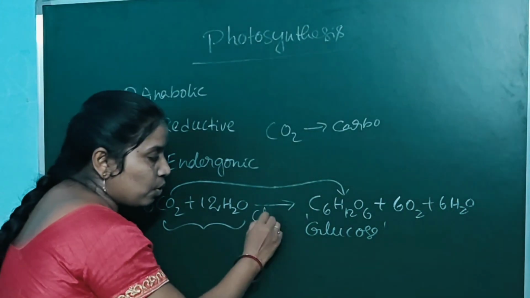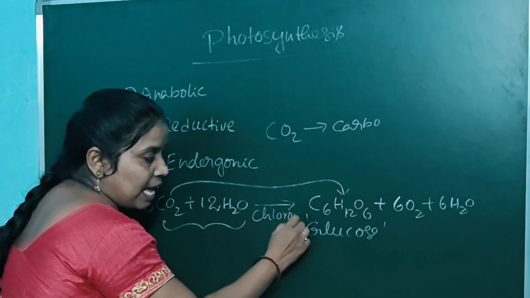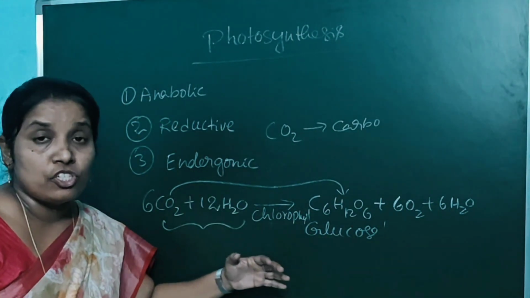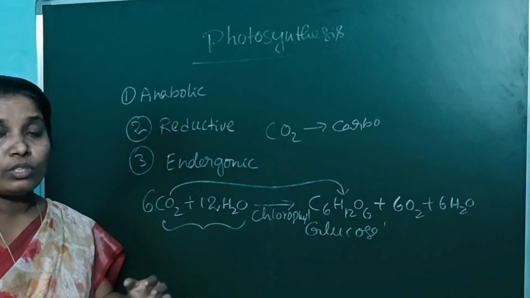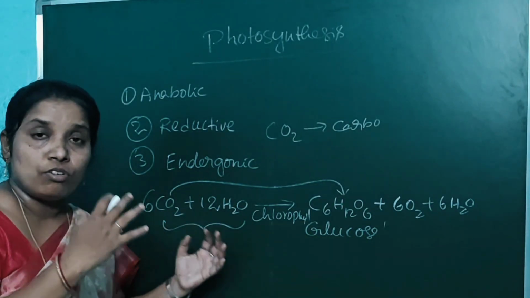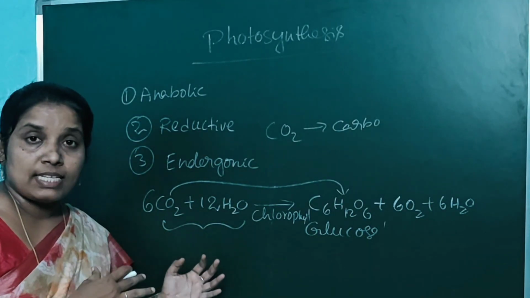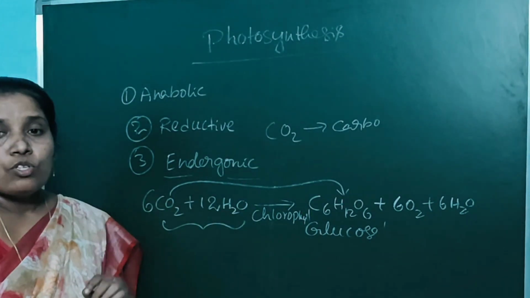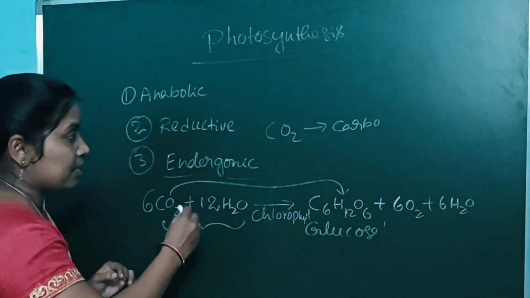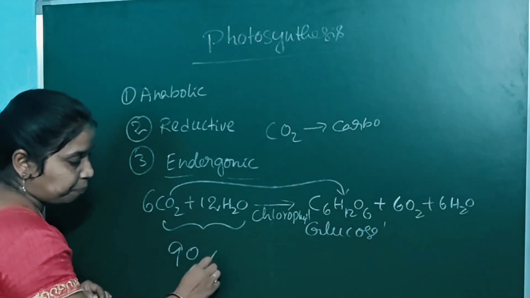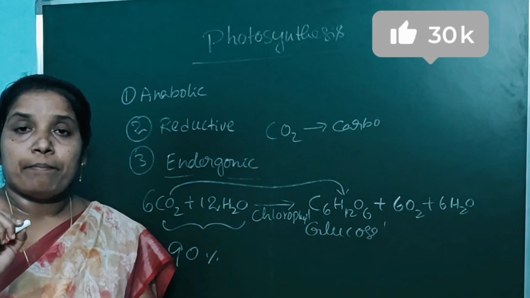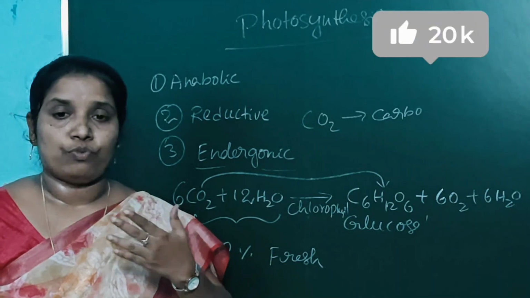It is also an endergonic process. Here the chlorophyll pigments capture the sunlight and fix that energy into chemical energy. So they are taking energy from the outside. That's why this process is called an endergonic process. Actually, about 90% of photosynthesis is carried out by marine algae, that means freshwater algae.